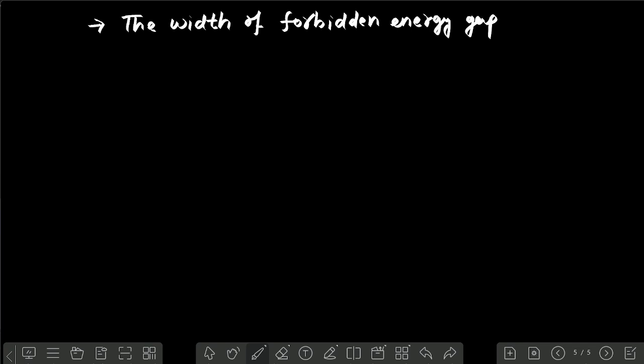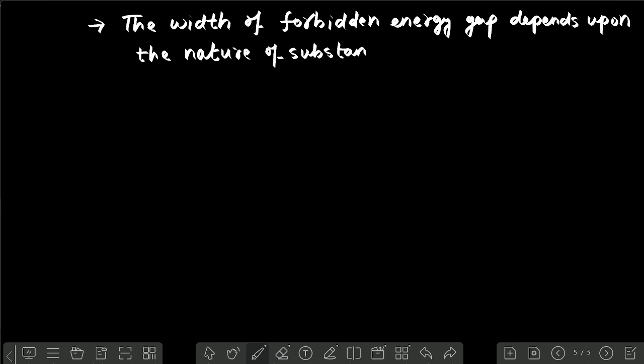Next point: the width of forbidden energy gap depends upon the nature of the substance.